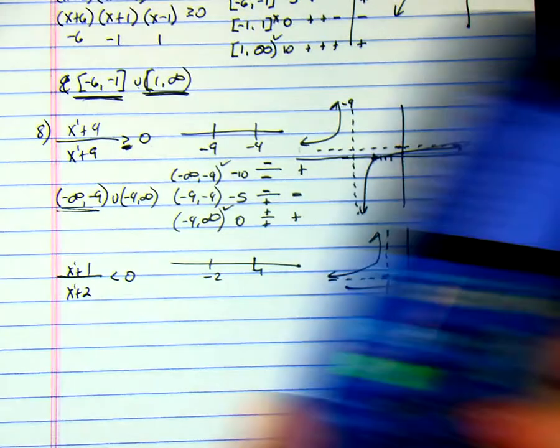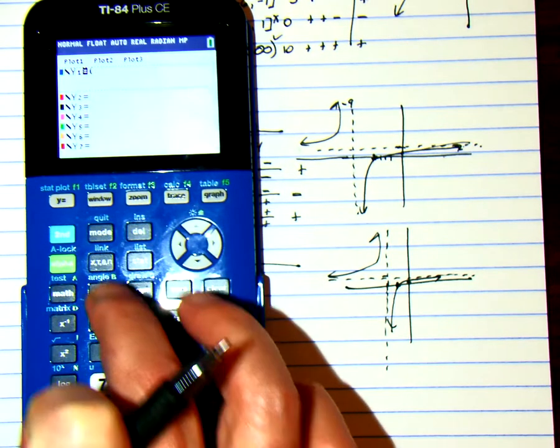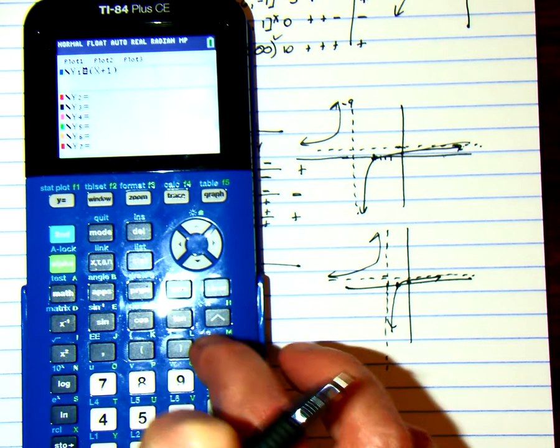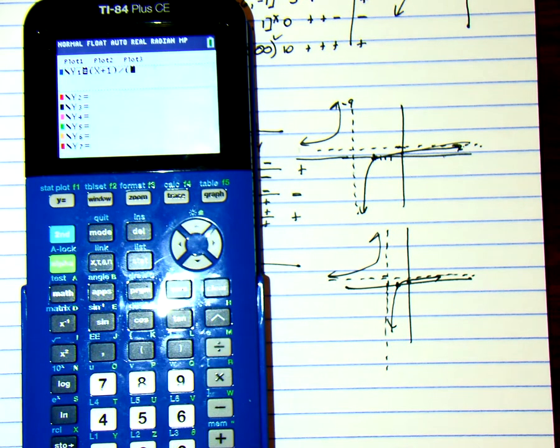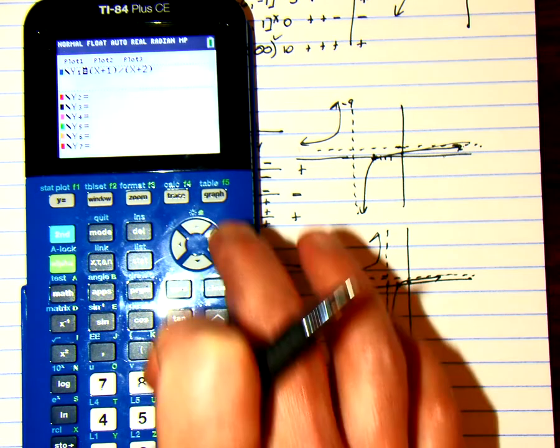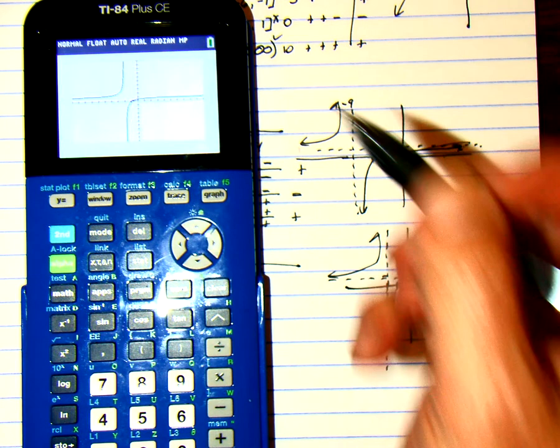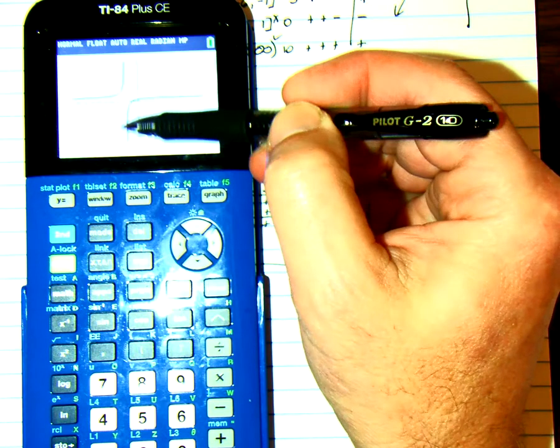What was this? x plus 1 over x plus 2. Which is the same graph as we just came across. We could hit trace, but we see at -2 there's my vertical asymptote.